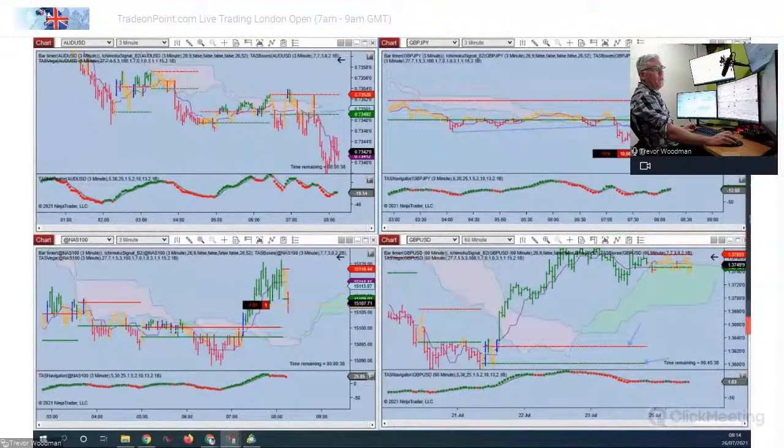NASDAQ will be US 100, Tech 100 is another name for it. 144 is going to be my stop. Buy stop at 144. That'll be an awesome trade as well.